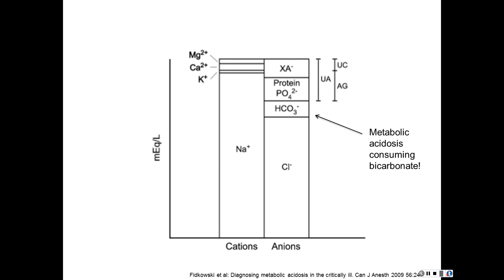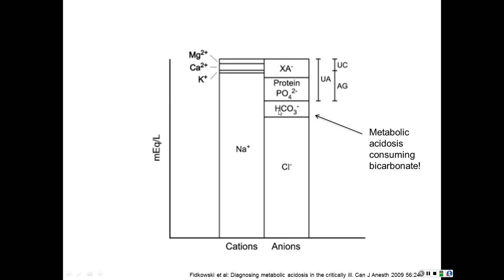He's pointing out here that if you have increased inorganic acids, then your body's response to that is to waste more bicarb through the kidneys to balance out the electrical neutrality.